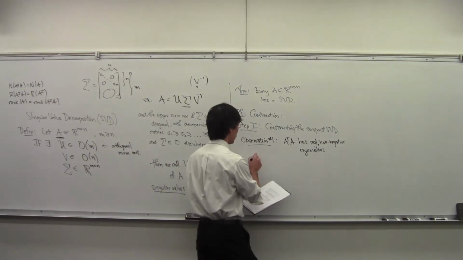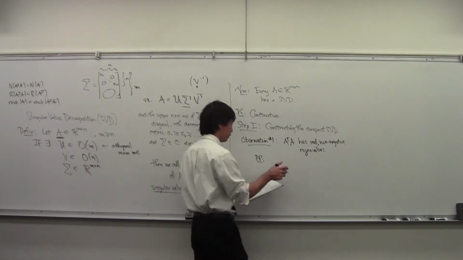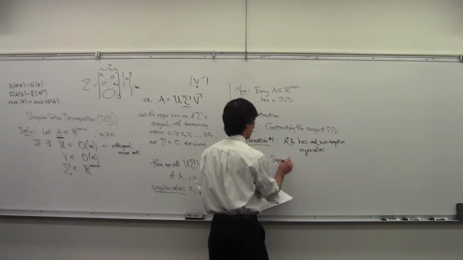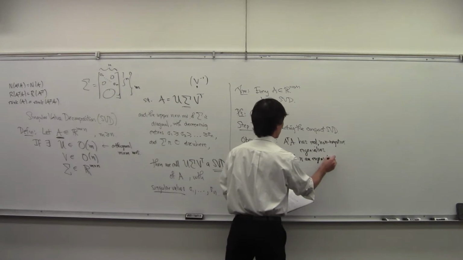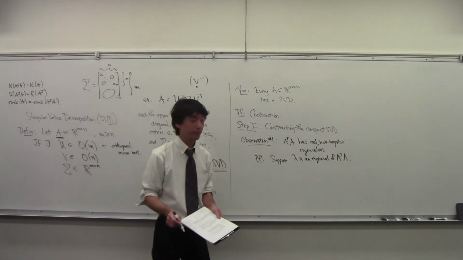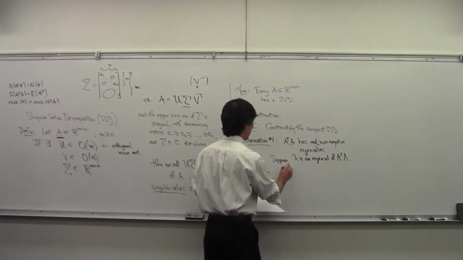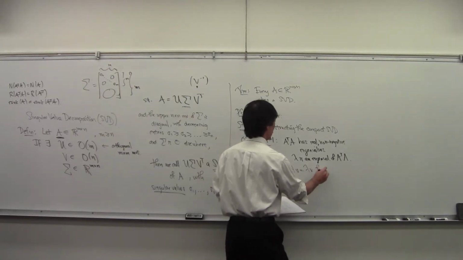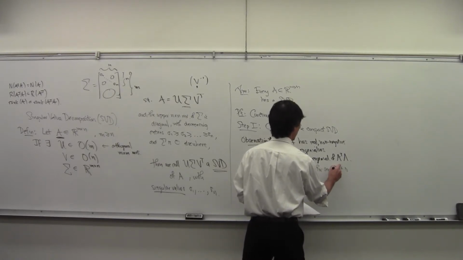So why does it have real non-negative eigenvalues? Well, suppose lambda is an eigenvalue of A^T A. Then we know that A^T A v equals lambda v for some non-zero vector v.